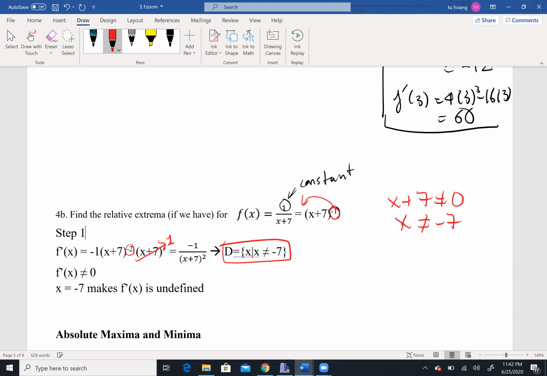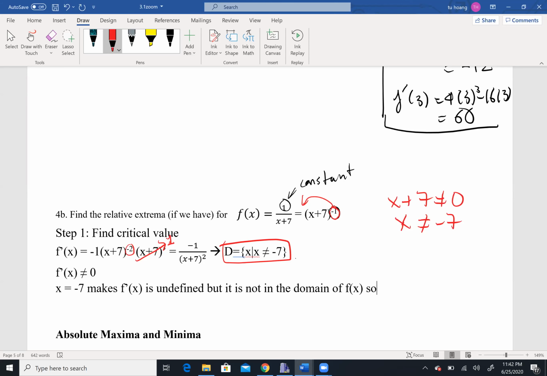Step 1, you are looking to find the critical values. But when you say x equals negative 7 makes the derivative of x undefined, it is not in the domain of f.